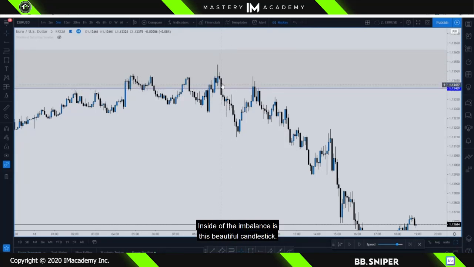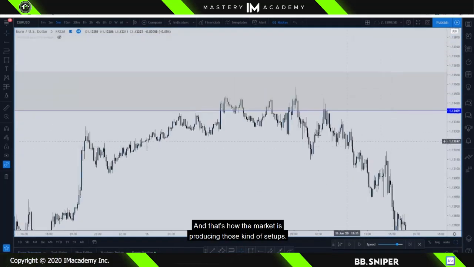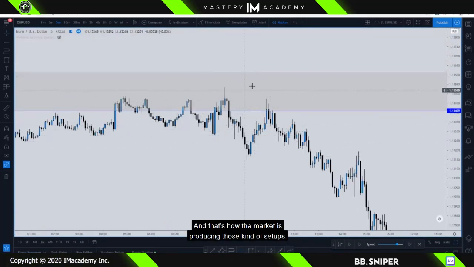We have the imbalances. Inside of the imbalance is this beautiful FU candlestick. FU candlestick is just an institutional candlestick that broke previous liquidity, right? And you can see we came back in. We could be putting stop loss above over here, and we have a beautiful, beautiful move to the downside, right? And that's how the market is producing these kinds of setups.